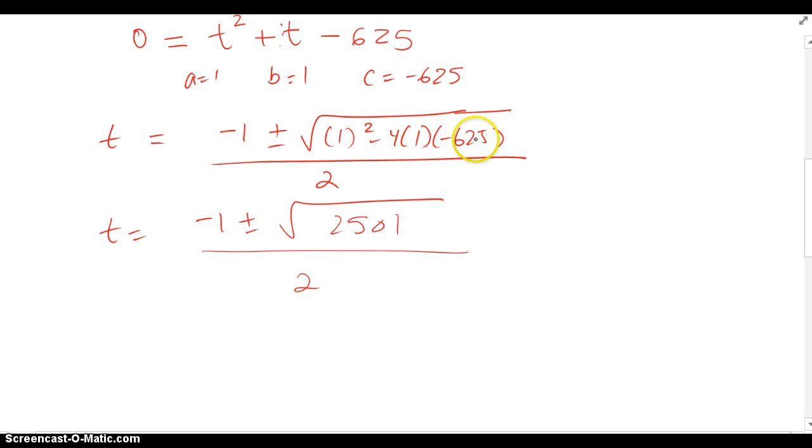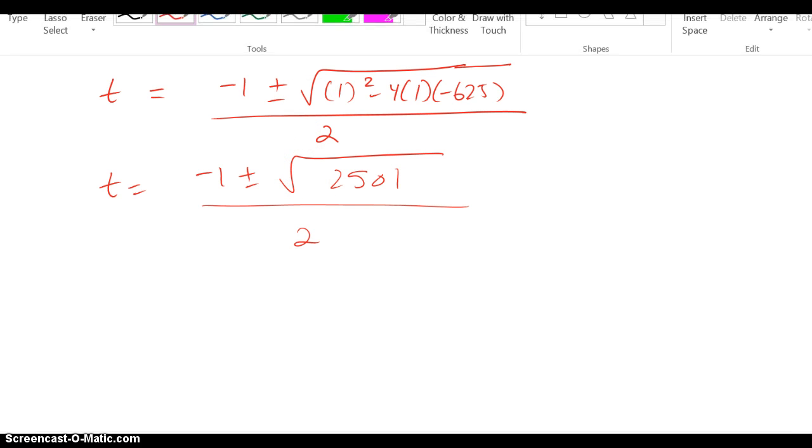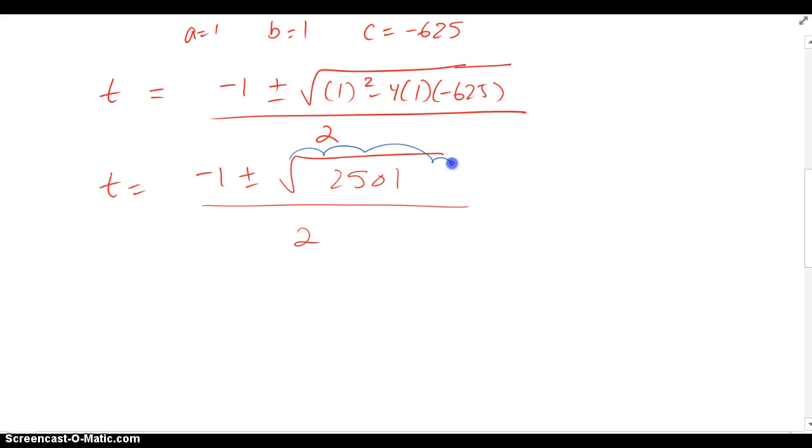So multiplying these out, I get 2500, and then this is going to be a positive, so 1 plus 2500 is 2501. And I'm going to go ahead and approximate what this square root is going to pop out. And then I'll have negative 1 plus it and negative 1 minus it.